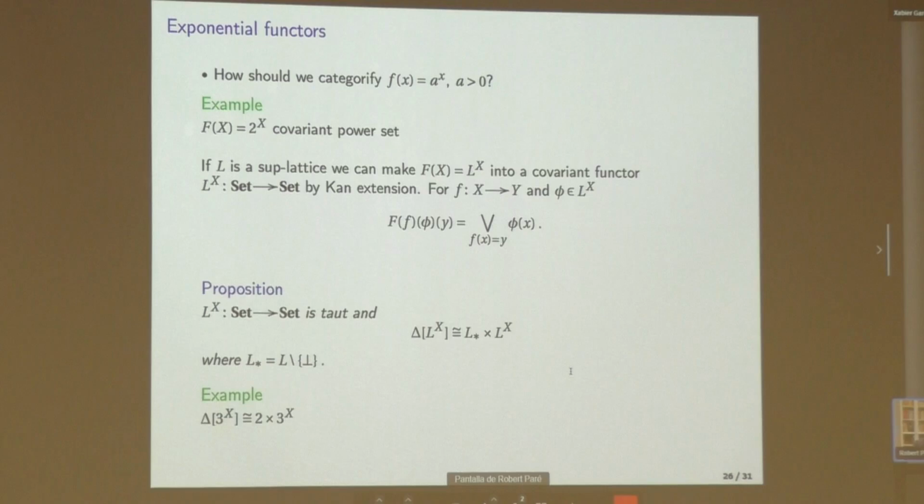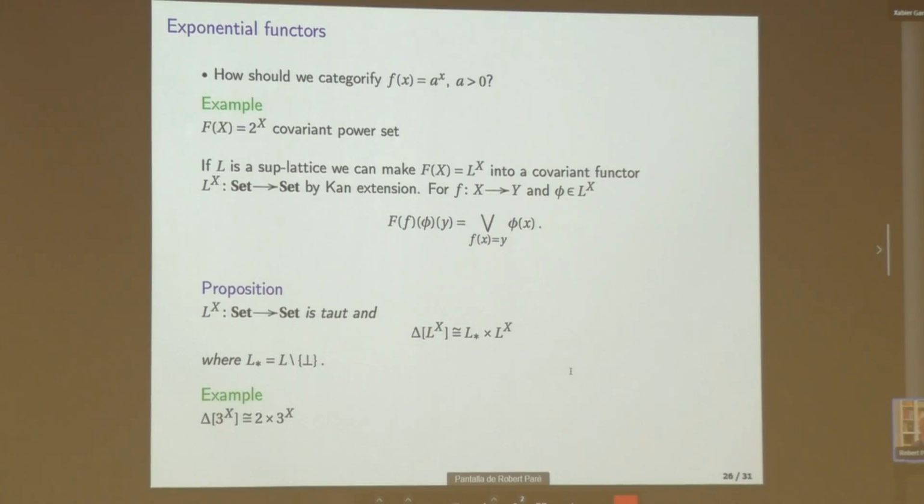These functors don't have rank. Well, I haven't told you what the functors are yet. But a to the x is only defined for positive a. And so how are we going to, I mean, all sets are sort of positive, so what should we take to replace positive a?